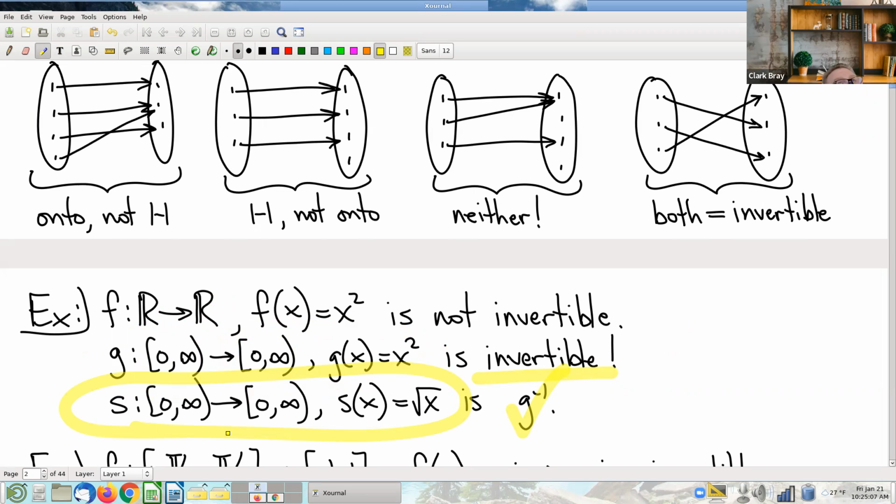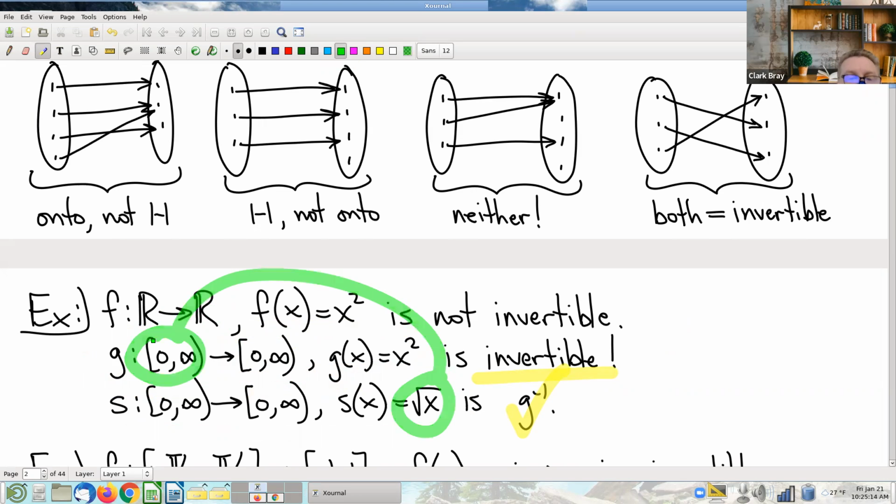When you go backwards through G, you take the square root. Oh, and do notice, though, you will be taking the positive square root, because the domain of what we're inverting, aka the target of the inverse, is non-negatives only.